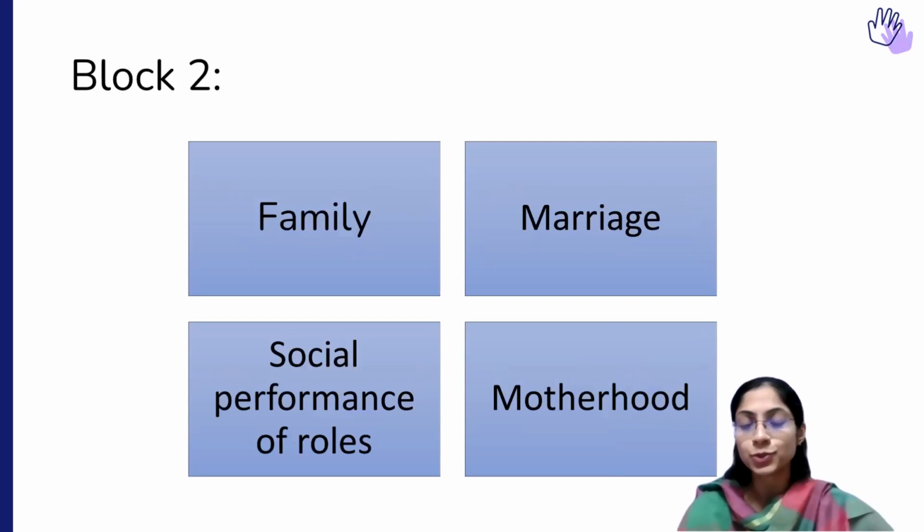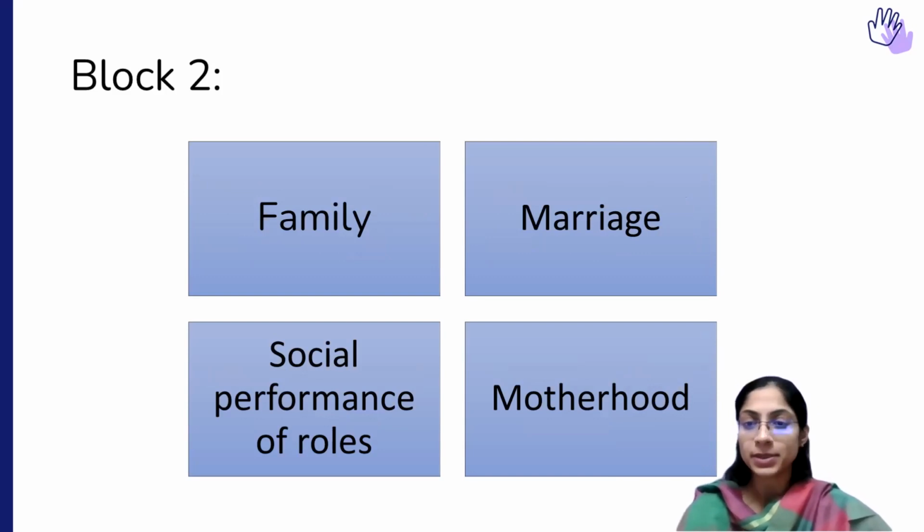Further, in block 2, we shall understand how, when we talk about what is sex and what is gender, we divide society into what is male, masculine, and what is feminine, and how we divide that into the roles of each person.